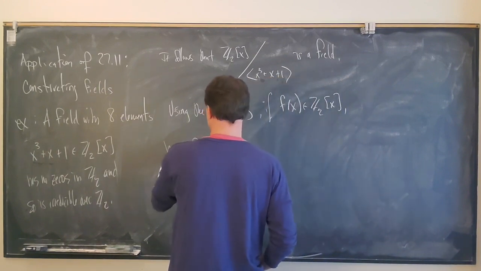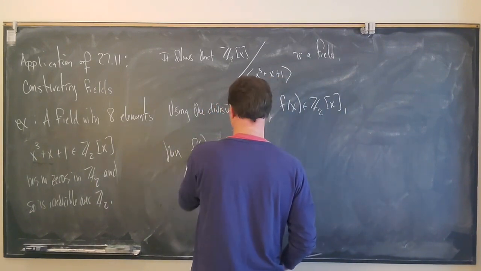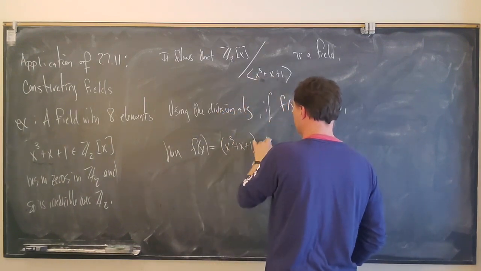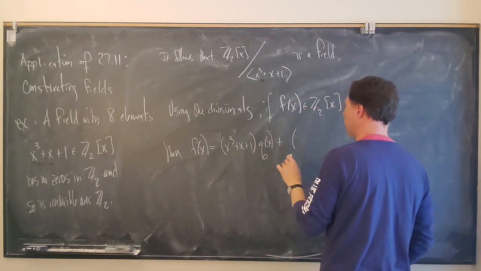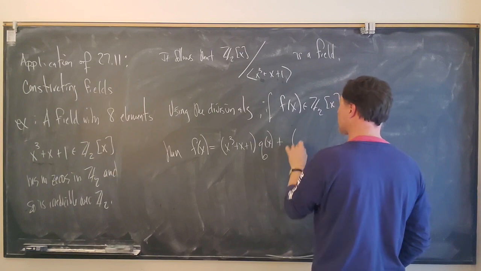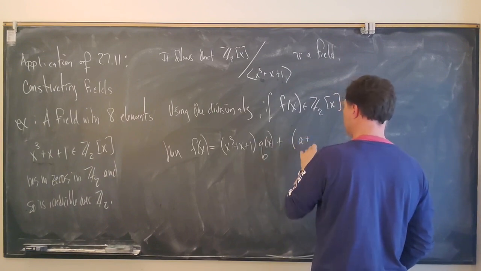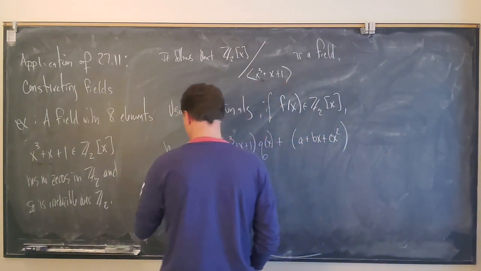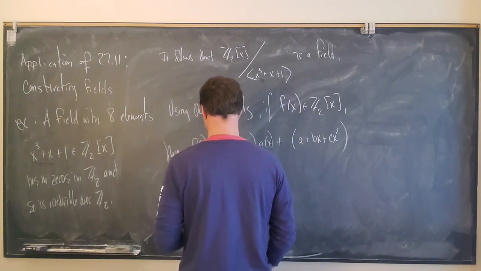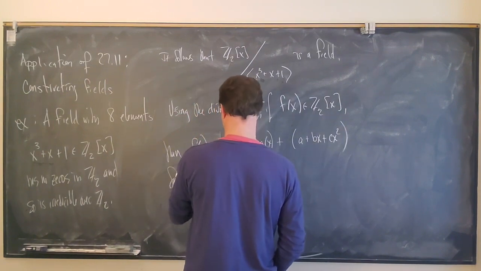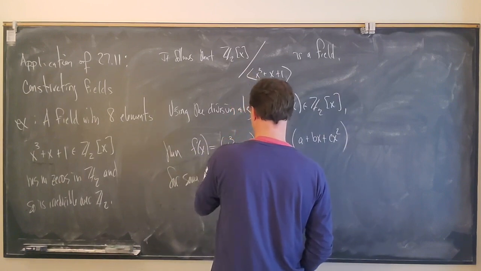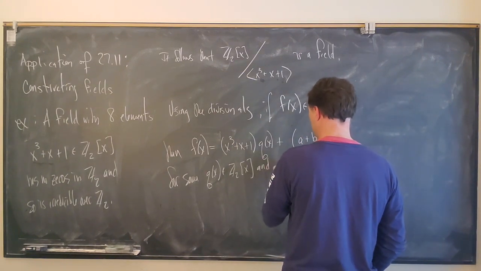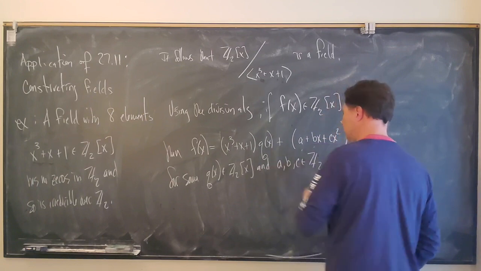So f(x) is equal to (x cubed plus x plus 1) times some q(x) plus a polynomial of degree 2 or less. That's going to look like a plus bx plus cx squared, for some q(x) in Z_2[x], and so a, b, and c are going to come from Z_2.